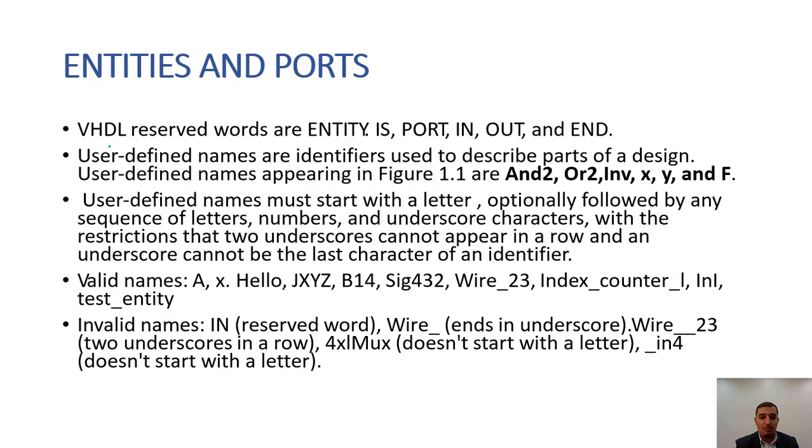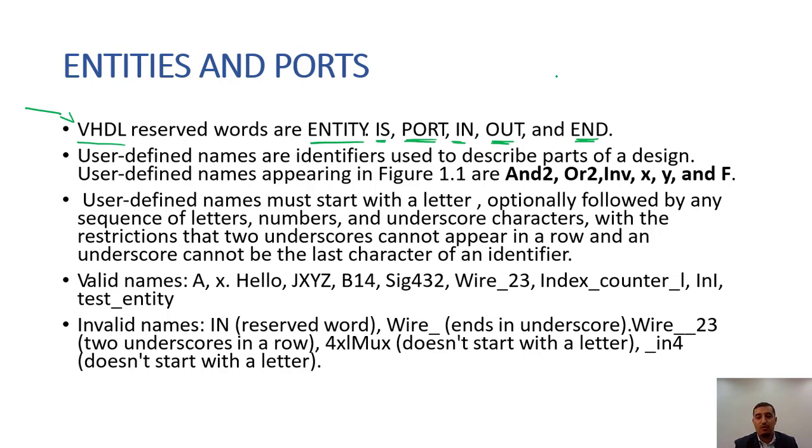Now, when it comes to naming, you need to be a little bit careful. First of all, VHDL reserved words are entity, is, port, in, out, end. These are all reserved words. You cannot use them.